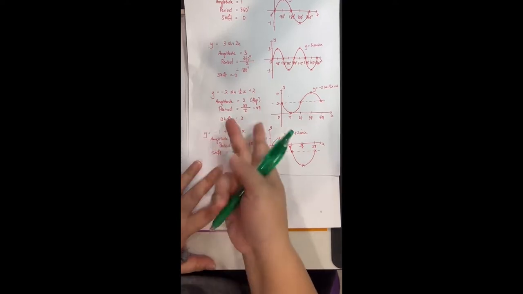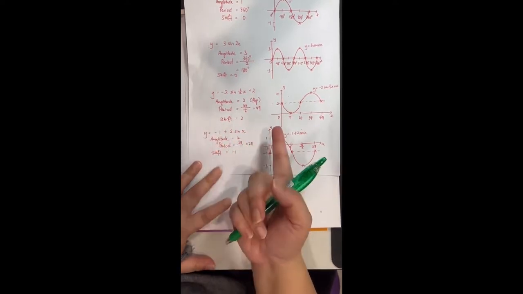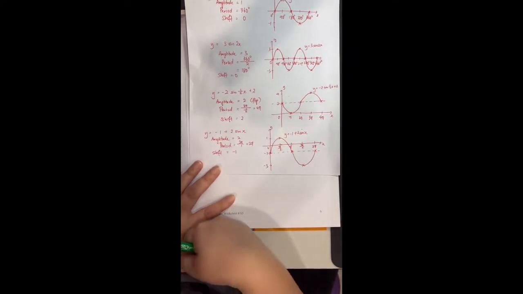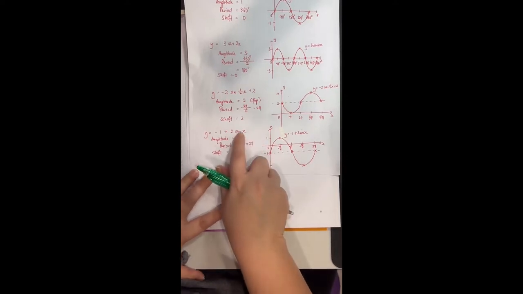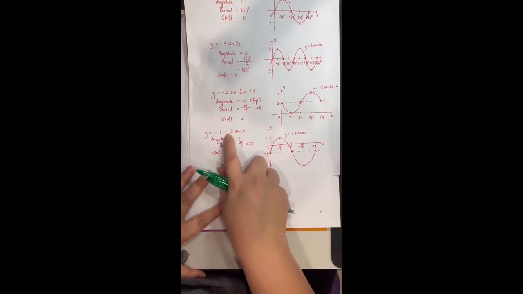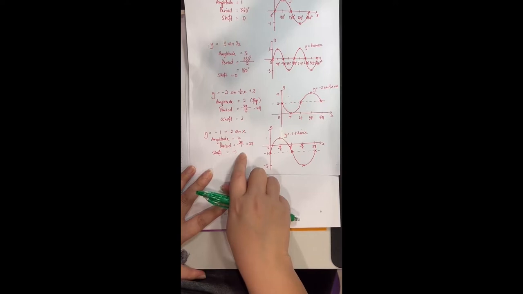I purposely wrote the -1 here to confuse you. Do you understand why it's not flipped for this one? Because the number in front of the sine is +2, so there is no flip. The -1 is the shift.